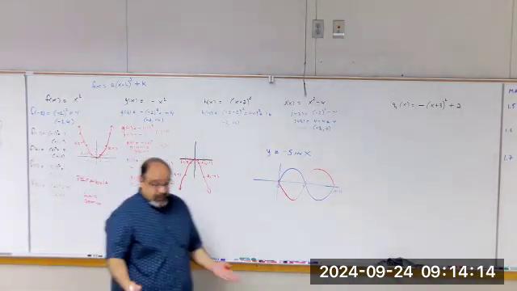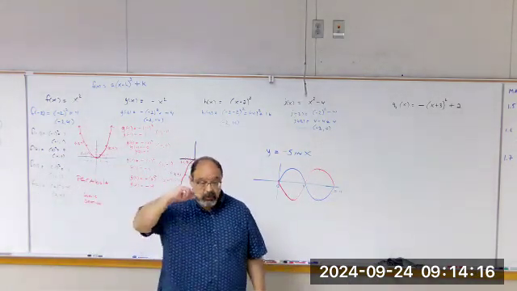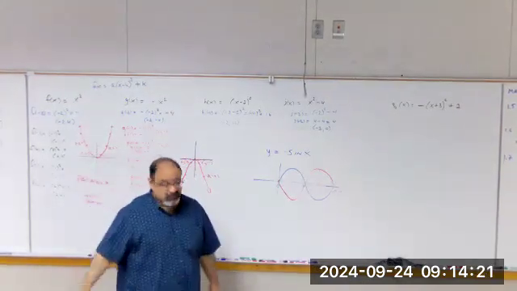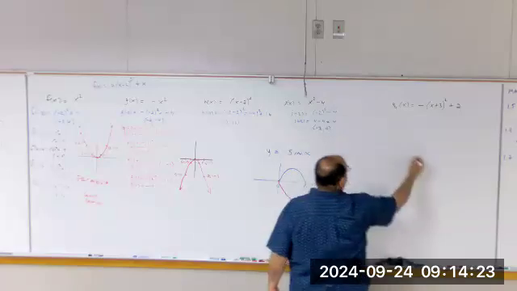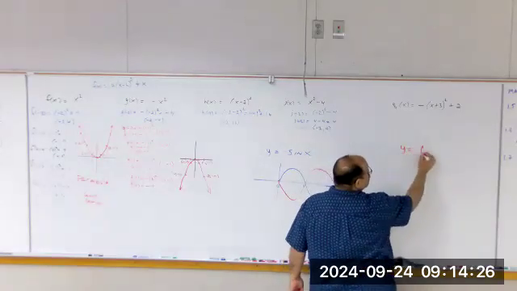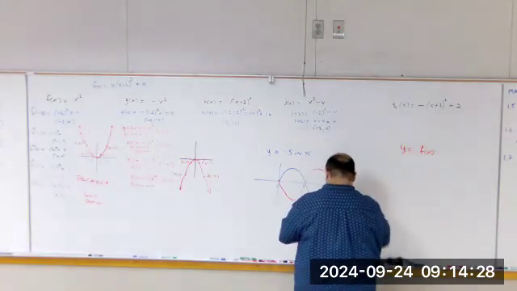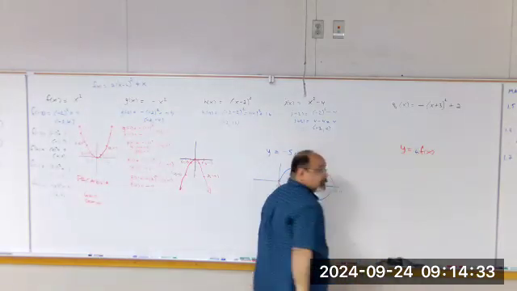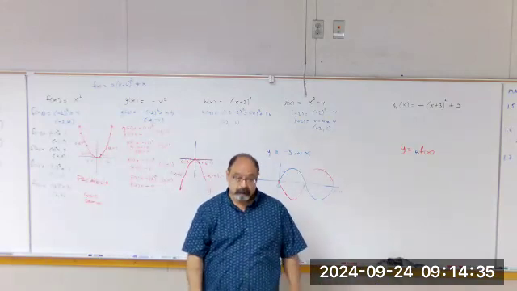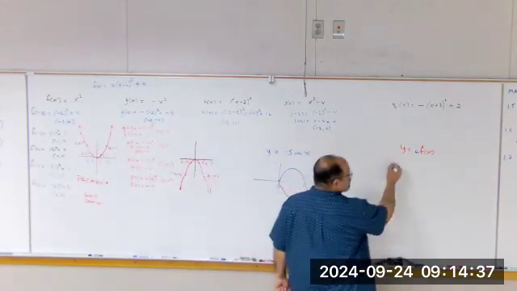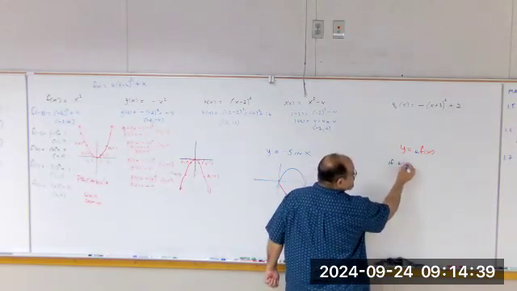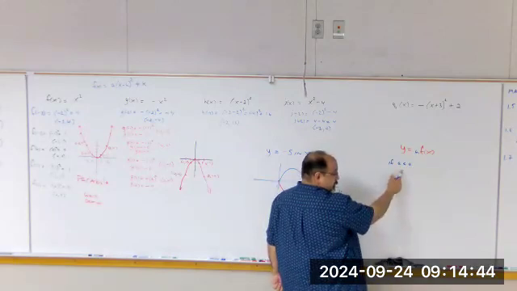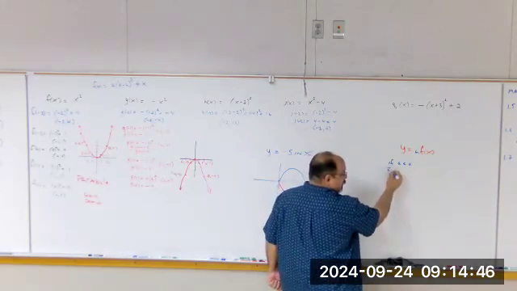Anytime you put a negative in front of a function, it's a reflection across the x-axis. So here's what we're building for today's lecture: y equals, we start with just f of x. You're going to have an a in front. If a is less than 0, negative, it's going to reflect it.